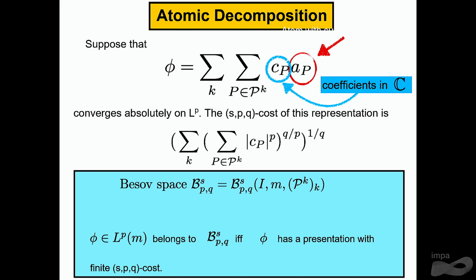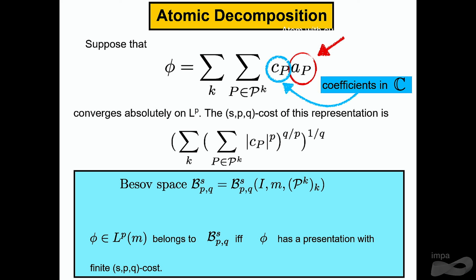That's a little different from a basis in a Hilbert space, a Hilbert basis, because there are many ways to construct the same function. So you associate to this construction a cost. It's kind of complicated, but when p and q are equal to 1, for instance, it's completely simple: you just add all the moduli of the coefficients, okay?